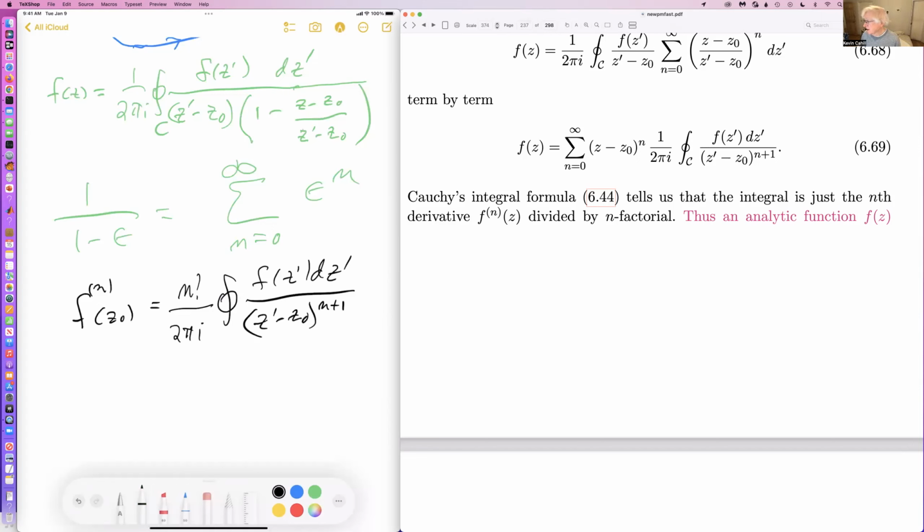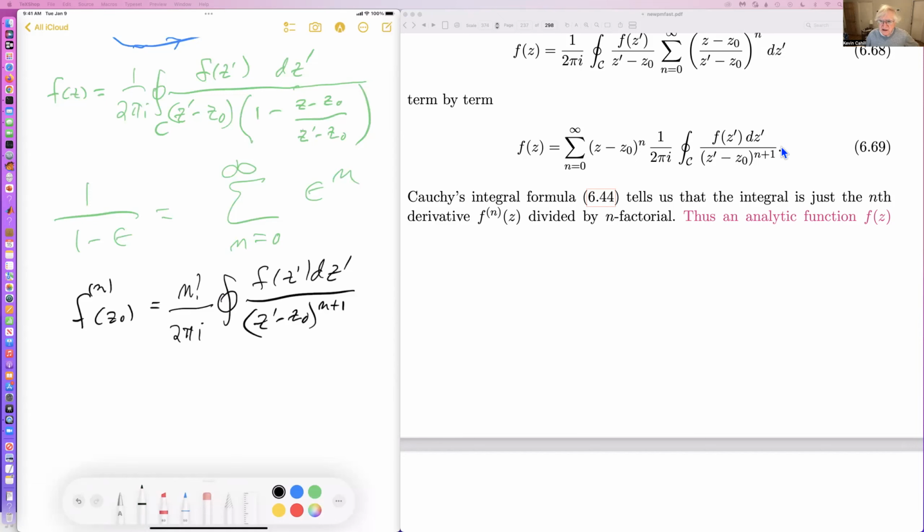Just to make sure that I've got this correct, I'm checking on the right-hand side here, and indeed I did remember it exactly correctly.